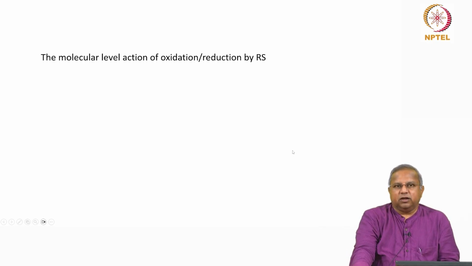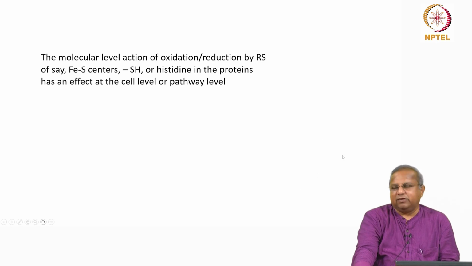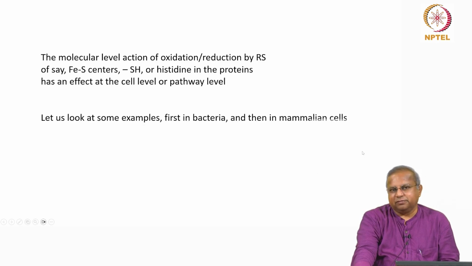The molecular level action of either oxidation or reduction by reactive species of, let us say, the iron sulfur clusters, thiol or histidine has an effect at the cell level or at the pathway level. And we are going to look at some examples, first from bacteria, prokaryote, and then a few from mammalian cells.